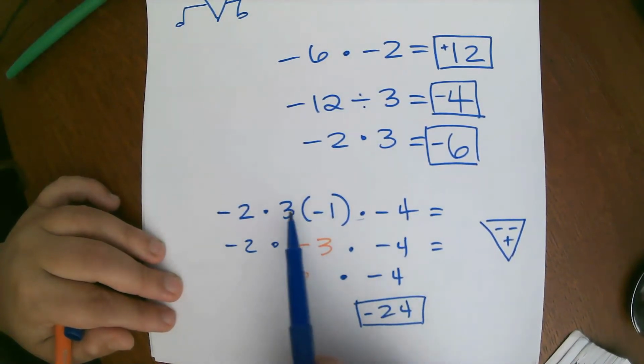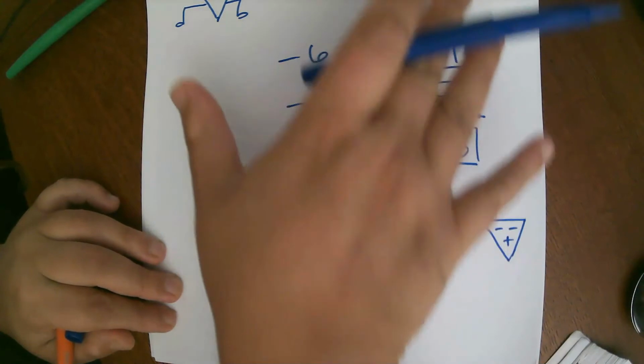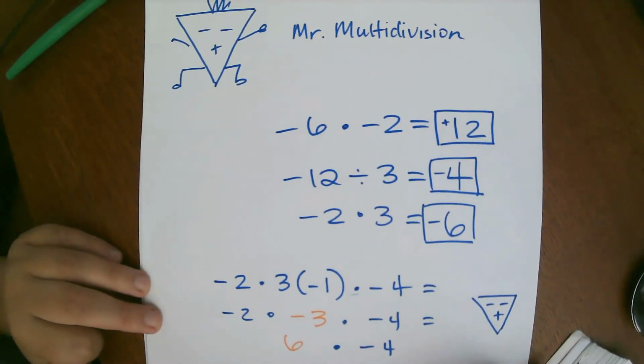Since we're multiplying, it really doesn't matter which one we do first, but we just went ahead and did them from the left, and we did the parentheses. So we had a -24 as our answer. No matter how long the problem is, you just tackle it step by step, 2 at a time, right? And you use Mr. Multidivision to help you. So hopefully that was somewhat clear.